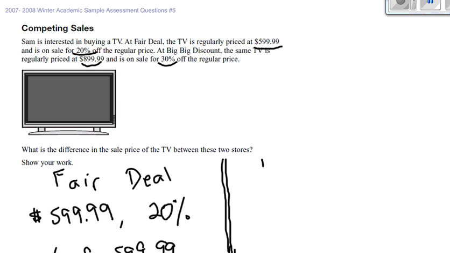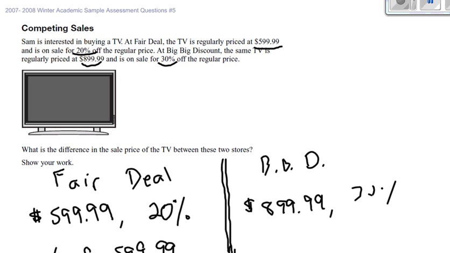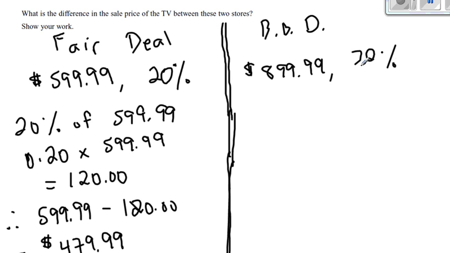Now the other place, big discount, it's a $899 TV, but they're giving me 30% off. So I'm going to show how to calculate discount a little bit differently.